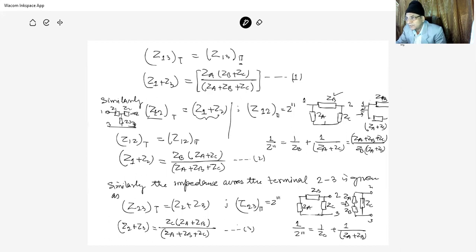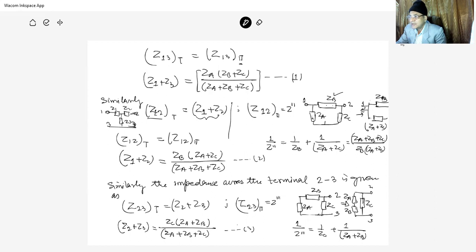What about the pi network? We see this is the 1 and 2. So this ZB is parallel to the series combination of ZA and ZC. Means ZA and ZC, these two impedances are in series first, and then that will be parallel to ZB.